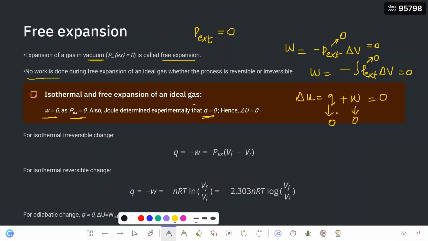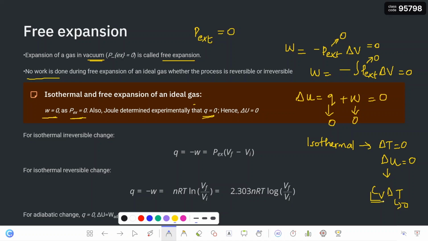In this case, when we use delta U is equal to Q plus W, isothermal means the temperature is constant, so delta T is equal to 0. When delta T is 0, the internal energy change delta U will also be equal to 0. Another equation for delta U is Cv delta T, but delta T is 0, so delta U is also 0.